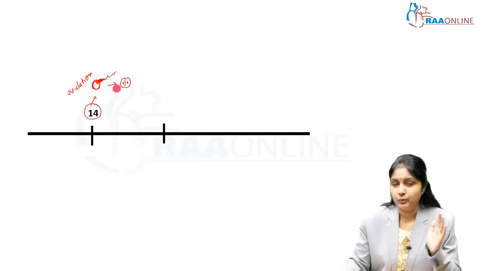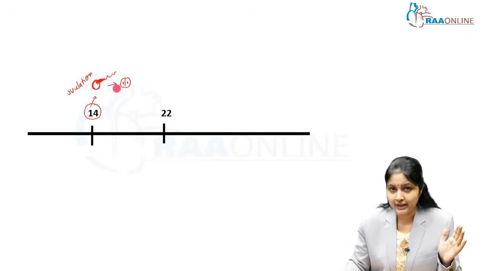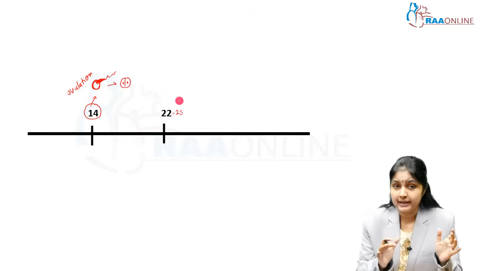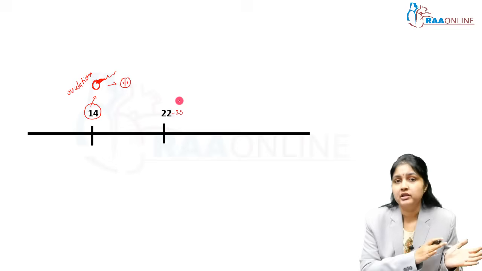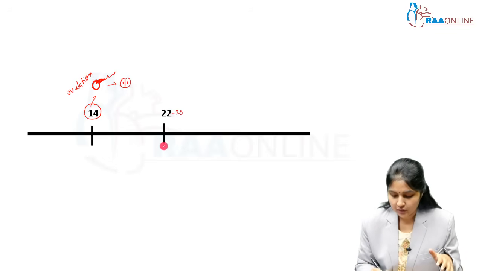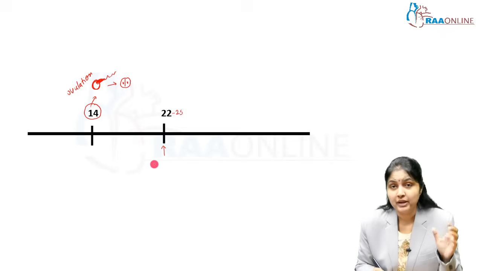Around 1 week after fertilization, around the 22nd to 25th day to be precise, this zygote travels through the tube and enters the uterine cavity. Around this time you will expect implantation to happen.